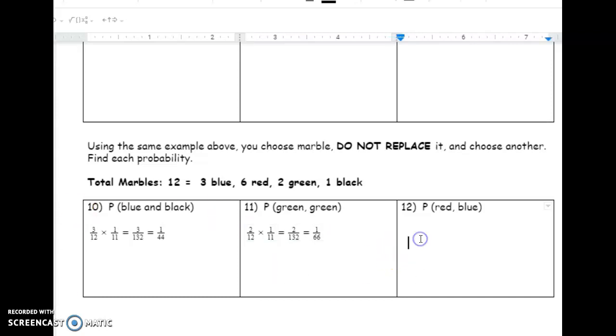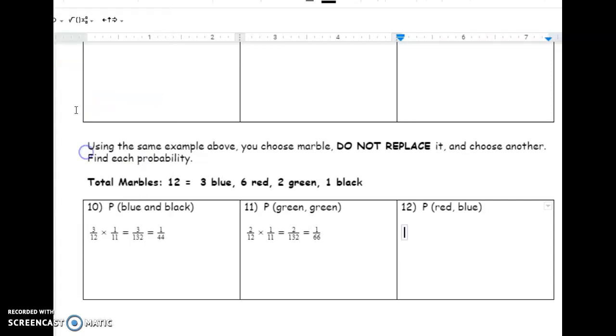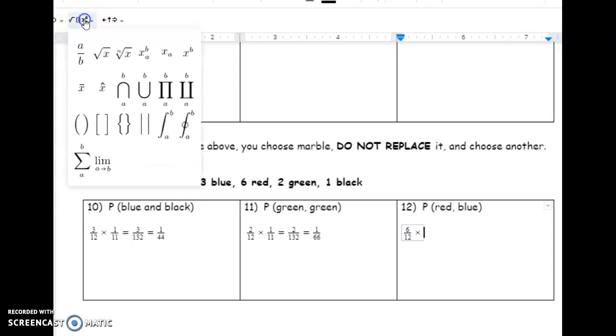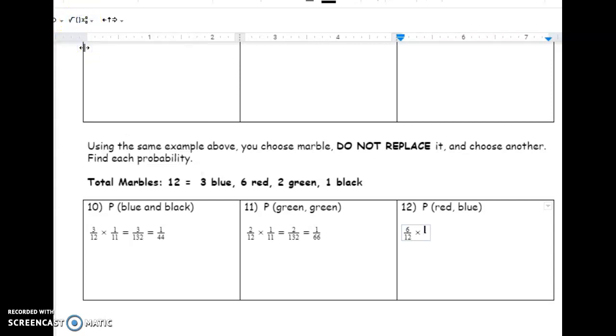Now let's try red and blue. Let's put our equation. We need a fraction. The probability of getting red, we have 6 red marbles, so it's 6 over 12. And we're going to multiply it by the probability of blue. We have 3 blue choices still, but because I took out 1 red marble, I'm only left with 11 other marbles in the bag.